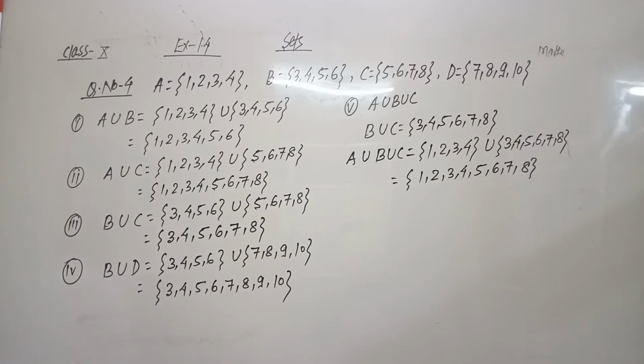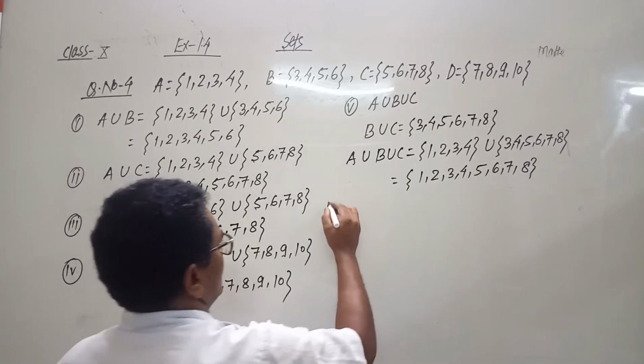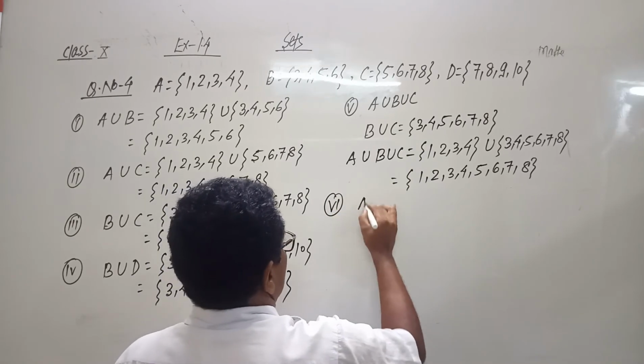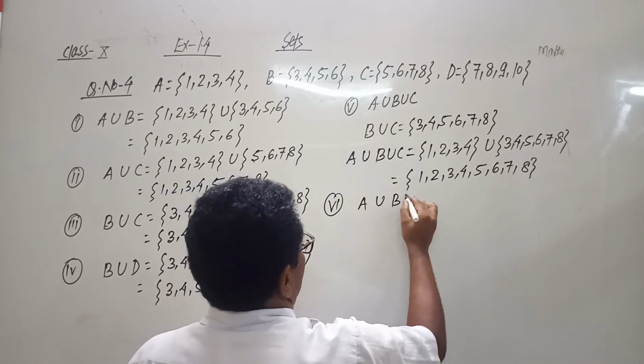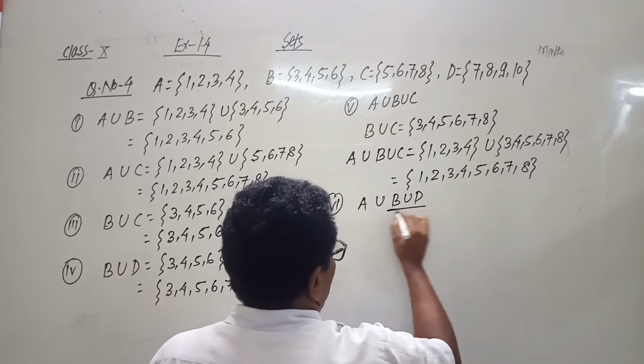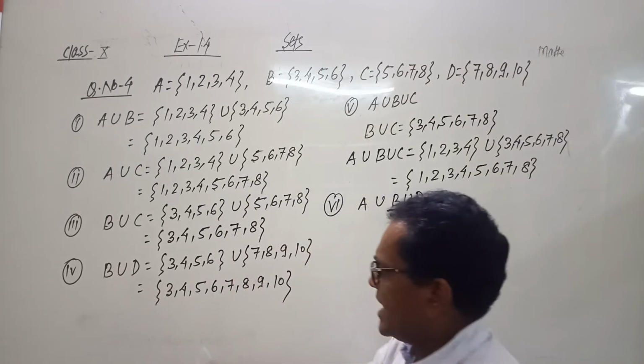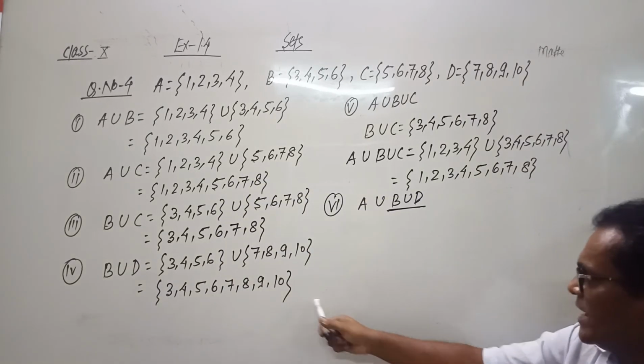Now the sixth part, A union B union D. First we calculate B union D, which we have already calculated.